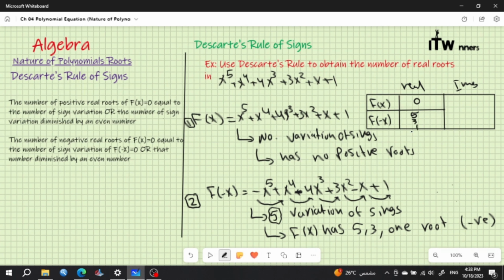We have here no choice as the positive real roots is 0.